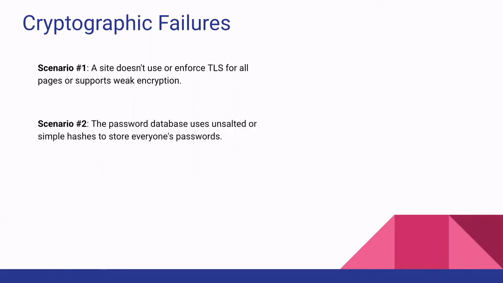Similarly, like I said, if you are storing sensitive data in your database, you should use strong cryptographic algorithms and hashing methods. And when you're hashing, you should use something called salt, which makes it more difficult for anyone to break.